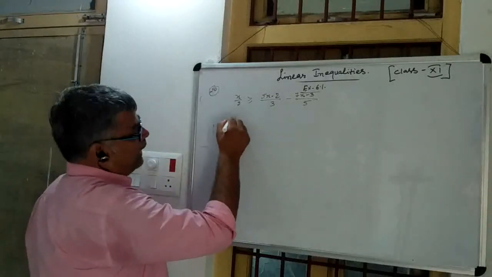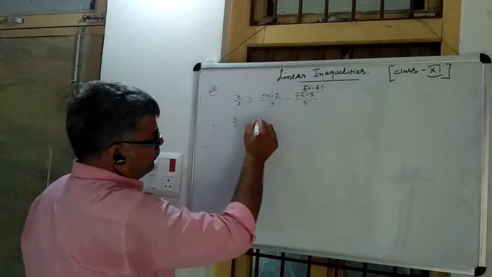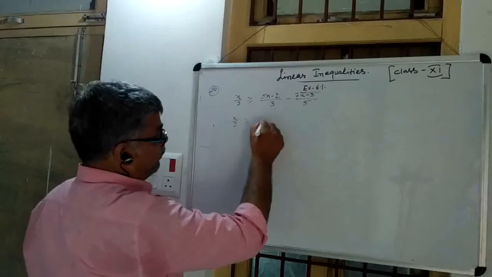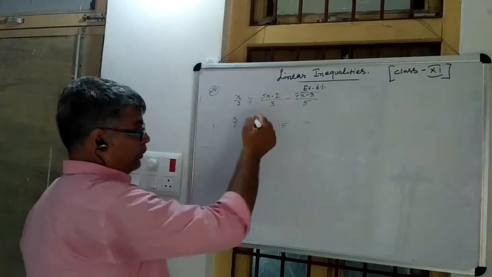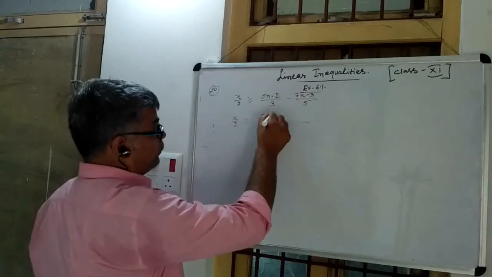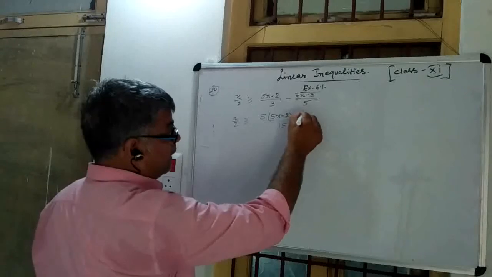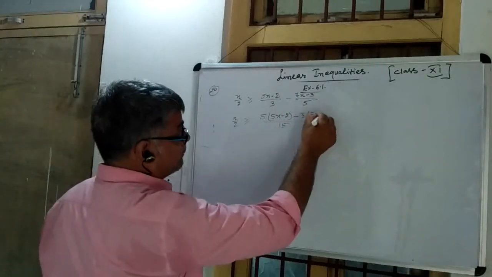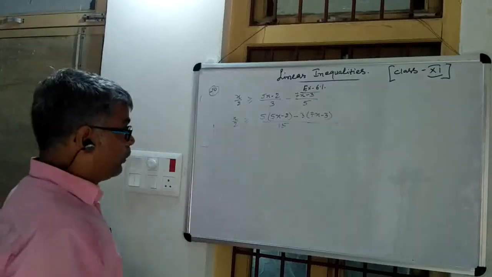So it becomes x by 2 is greater than or equal to, taking the LCM of 3 and 5, which is 15, 5 into (5x minus 2) minus 3 into (7x minus 3), all over 15.